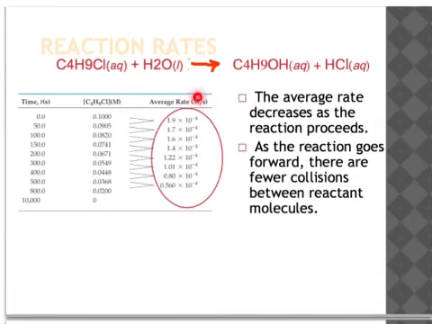And as you can see, the rate of reaction slows down as time goes on. It slows down because the reactants are being consumed. As we have less concentration of reactants, we have fewer collisions among the molecules of the reactants, and the reaction slows down to the point where at least one of the reactants gets completely consumed.